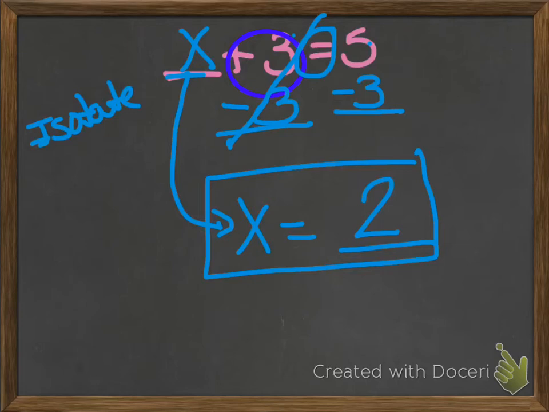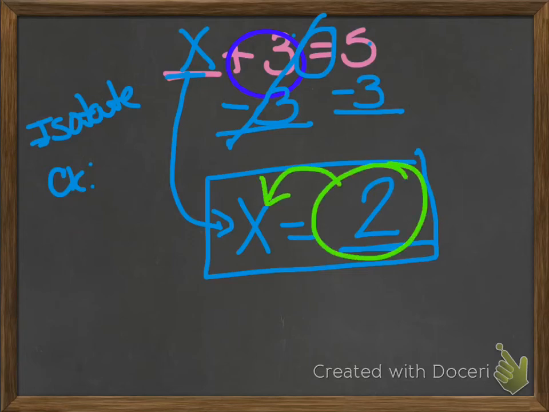Now we can check it. If I'm going to check it, how can I do that? Well, if we know that 2 is our unknown value of x, that's the same thing as x, right?